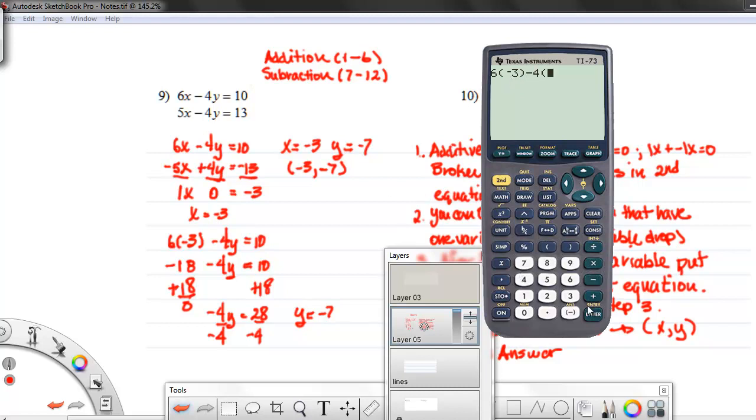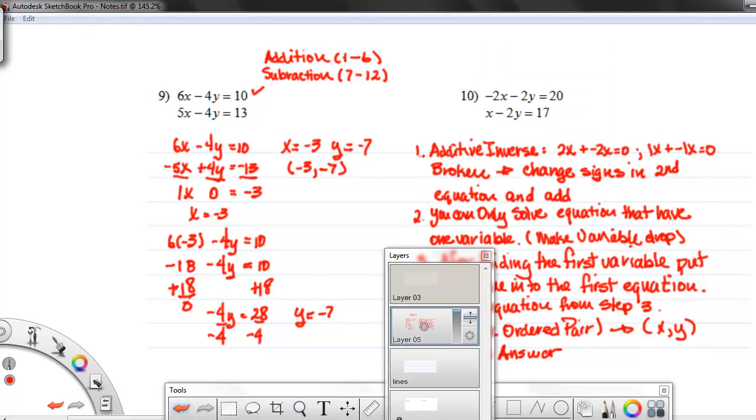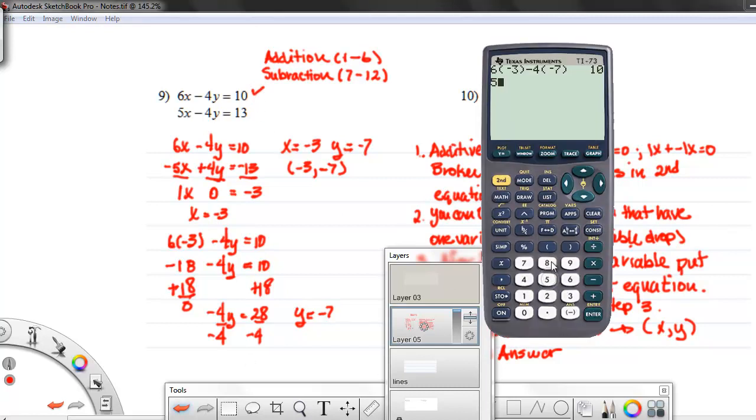My y value is a -7, and if I have the right answer, it should be 10. That checks out on the first equation. Now I have to check it for the second equation. 5 times a -3 and a -4 times a -7.